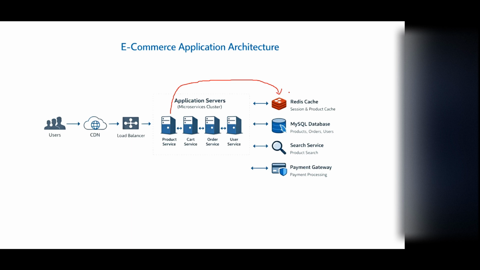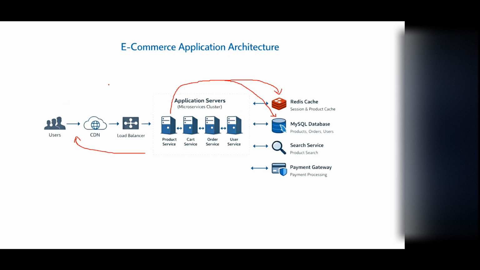If that product information is available in the redis cache, it will take that information from the redis cache and give it to the user, so the user can see the product details in his front end. If it is not available in the redis cache, it will hit the database, bring the data from the database, and send that information to the user. This is how it will work.